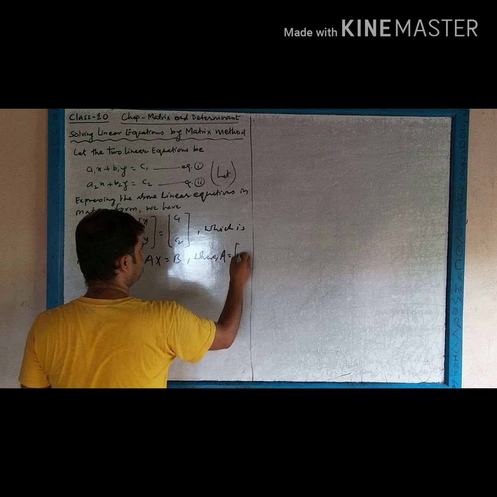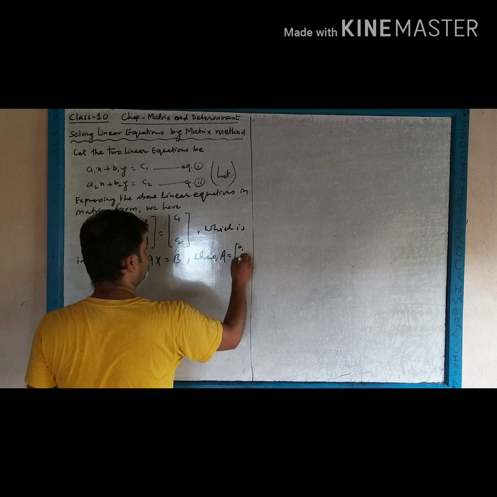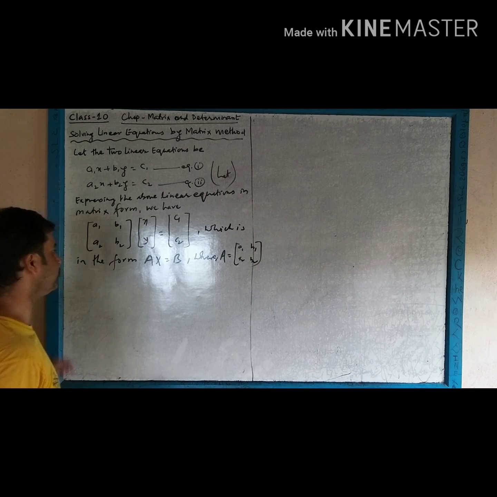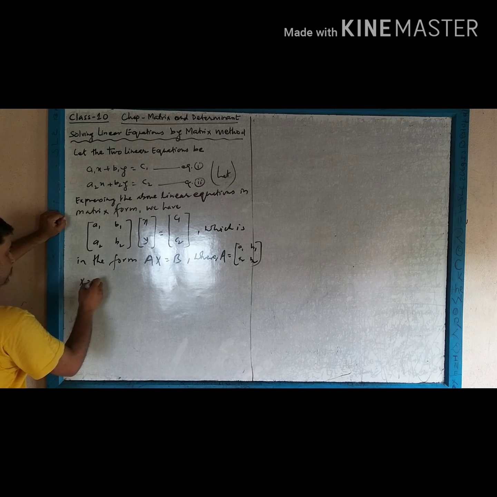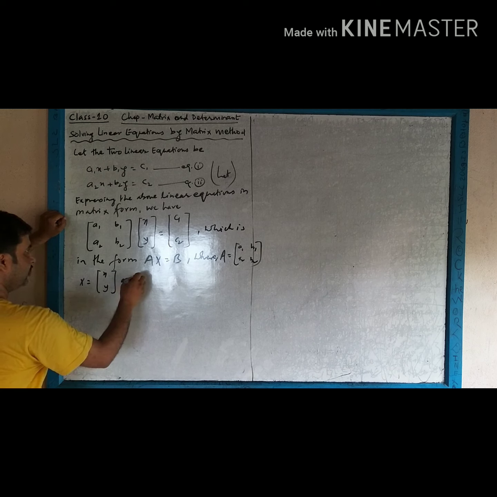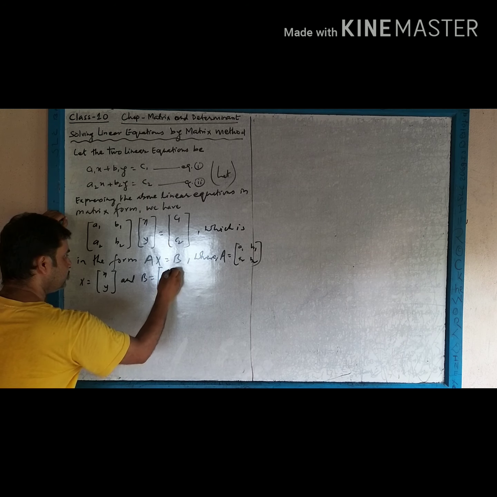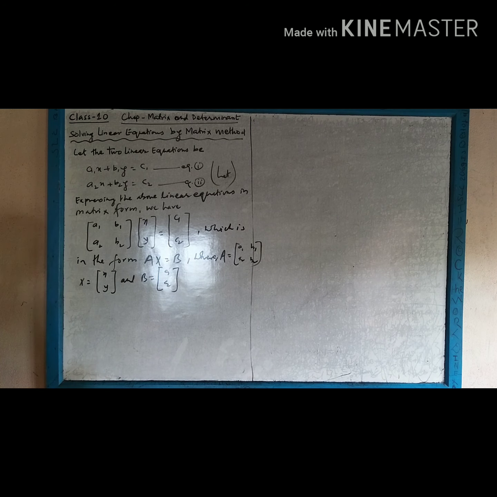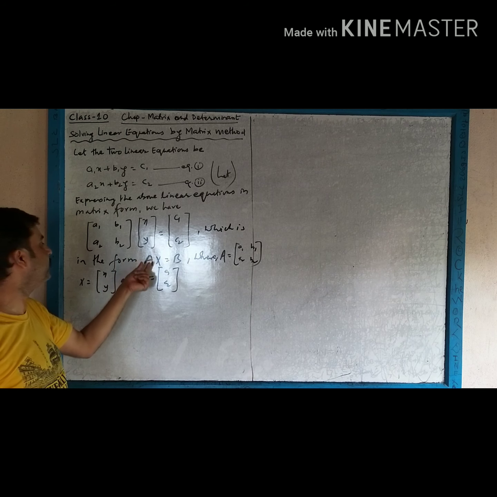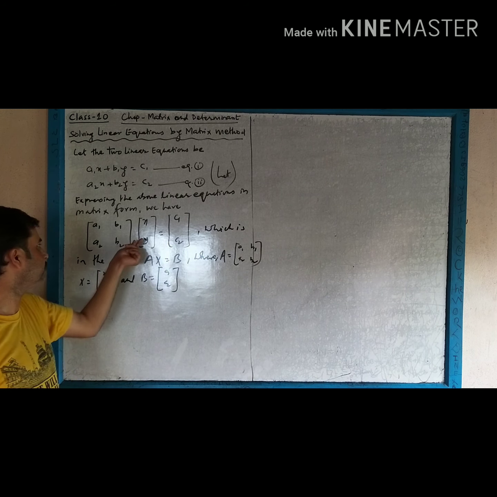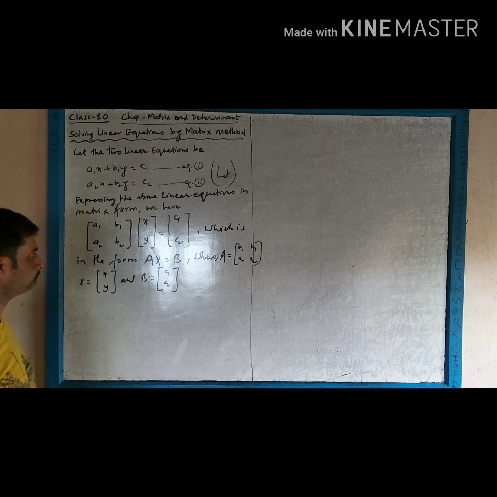A means a1, a2 and b1, b2, X means x, y, and matrix B means c1, c2. It is in the form AX equals B, where A is equal to this, X is equal to this, and B is equal to this.